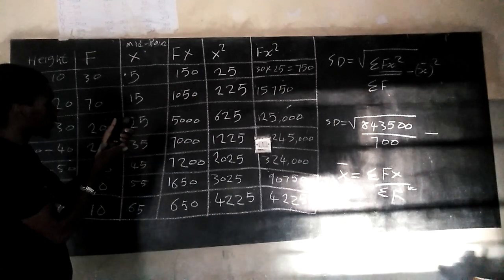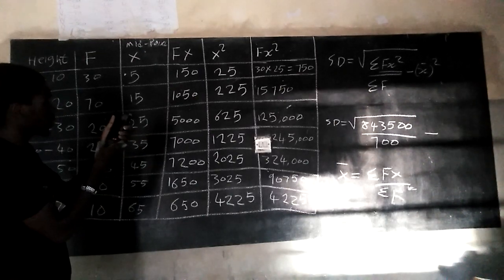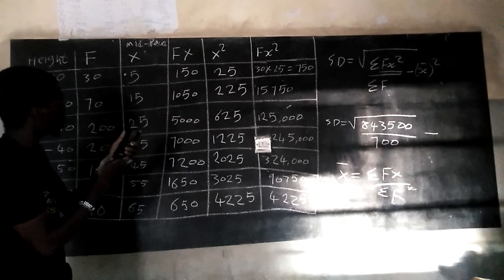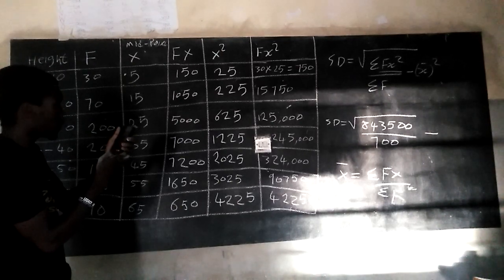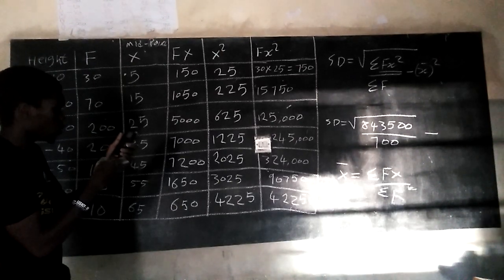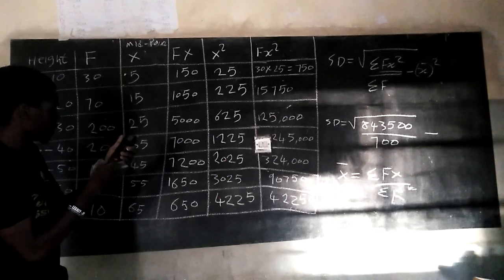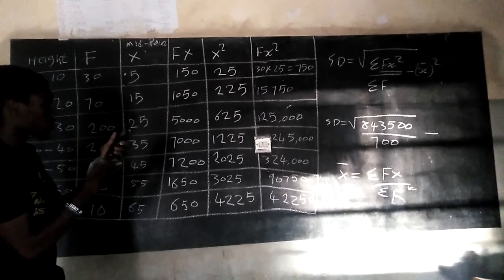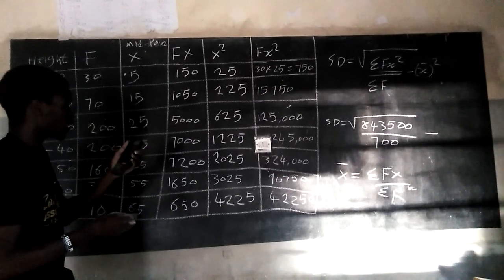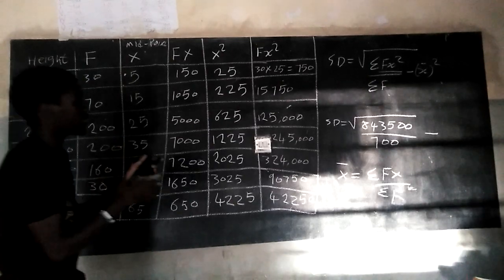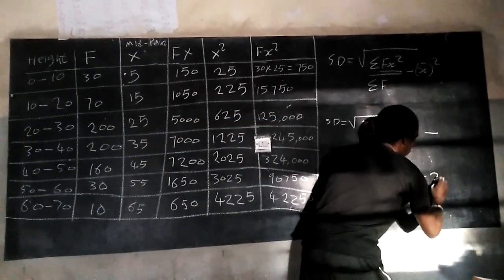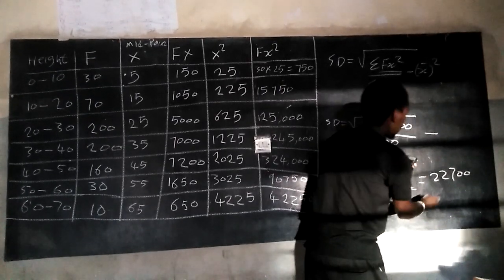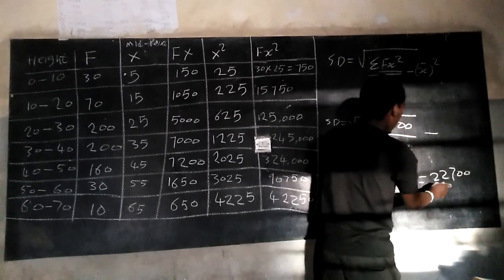So I'll add 150 plus 1050 plus 5,000 plus 7,000 plus 7,200 plus 1,650 plus 650. So I'm coming up with 22,700.